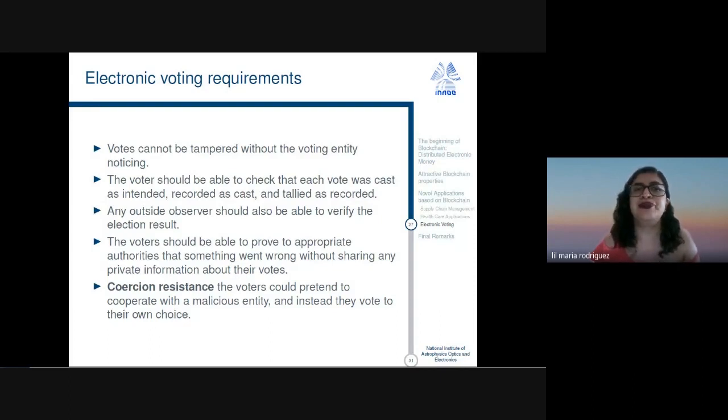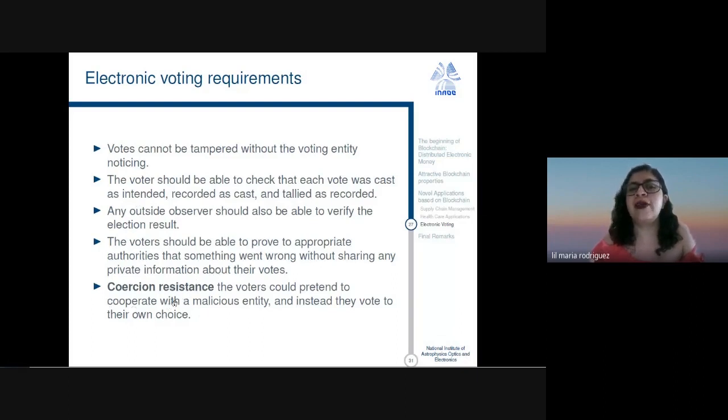The voter should be able to check that each vote was cast as intended, recorded as cast, and tallied as recorded. Any outside observer should also be able to verify the election result. The voters should be able to prove to appropriate authorities that something went wrong without sharing any private information.